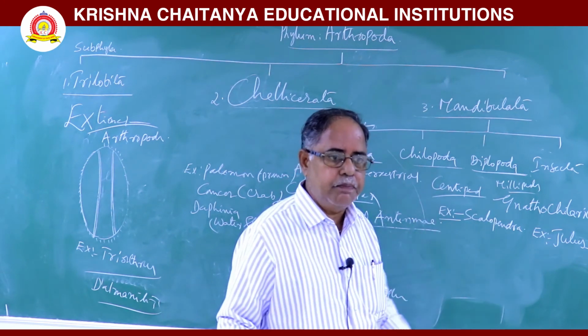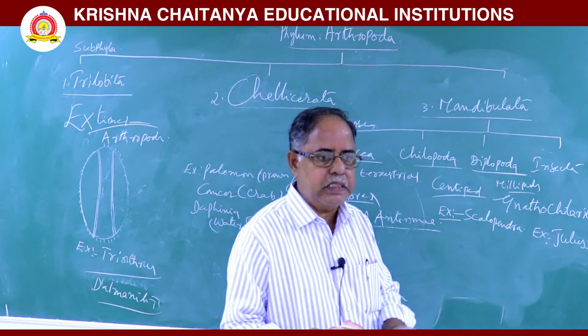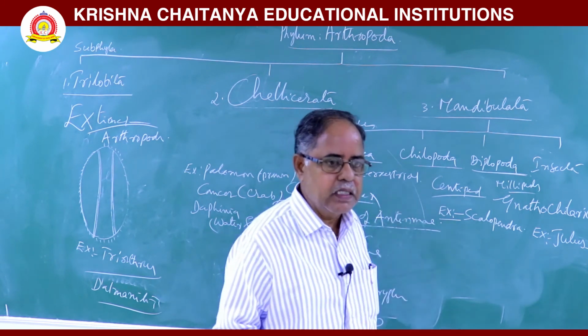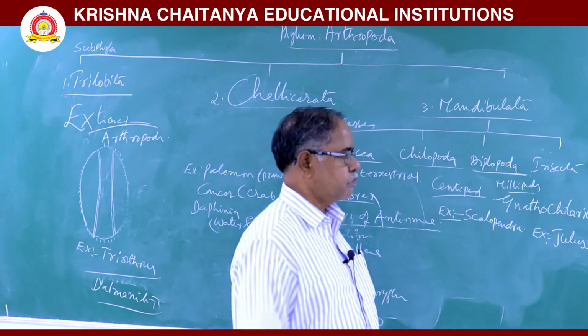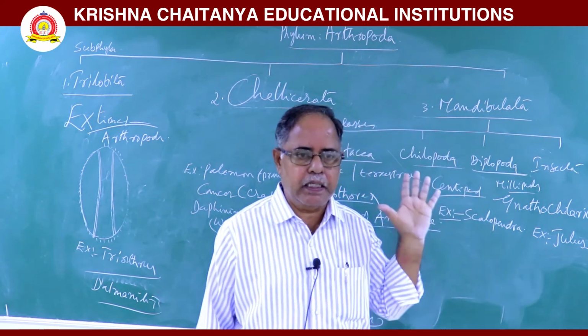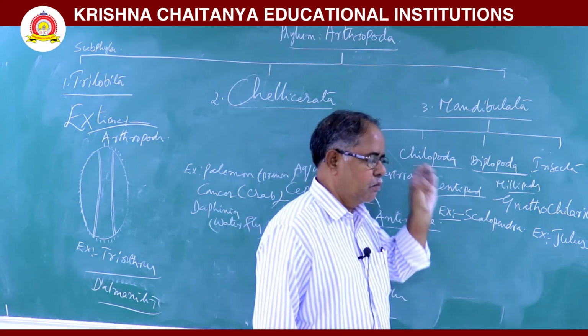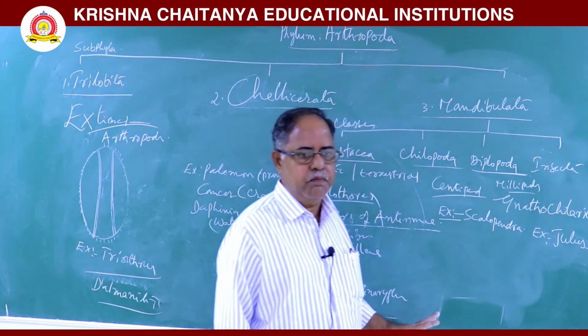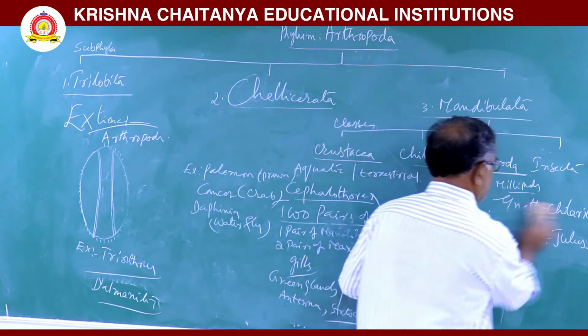Each subsegment bears one pair of legs. So totally one segment bears two pairs of legs. That's why this class is named Diplopoda. Here the respiratory organs are trachea and the excretory organs are Malpighian tubules. Example: Spirostreptus.